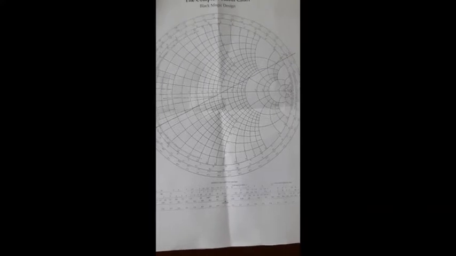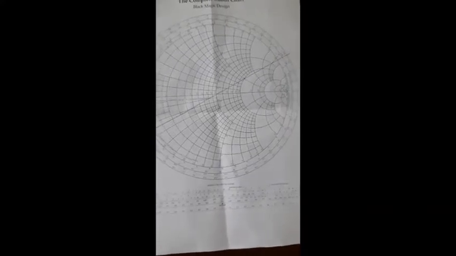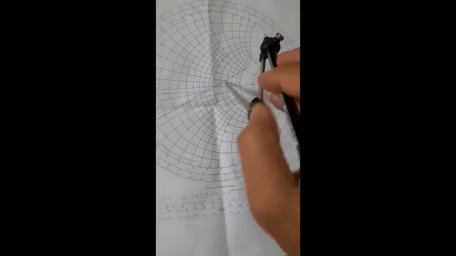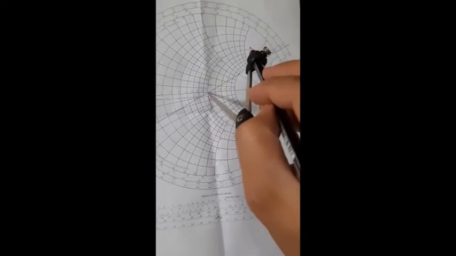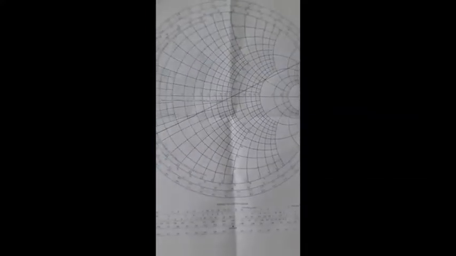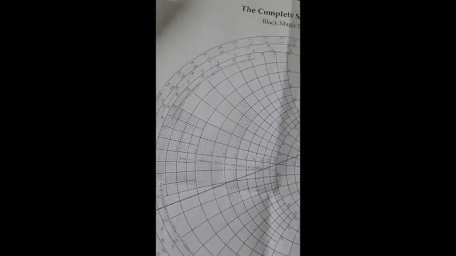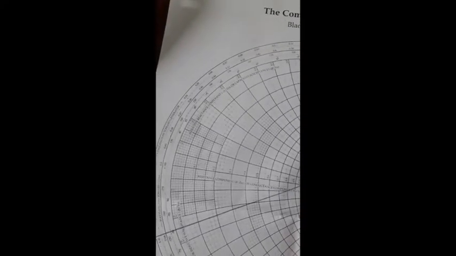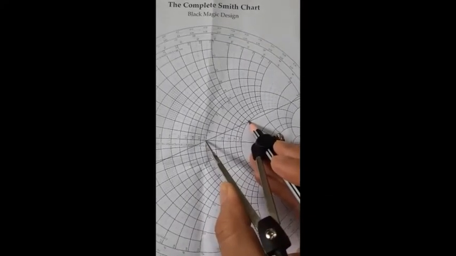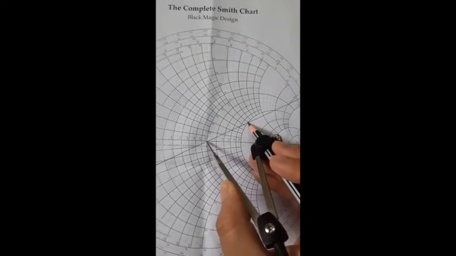Now the next step is to draw a circle. The radius of the circle must be equal to this quantity. This will be the radius of the circle.